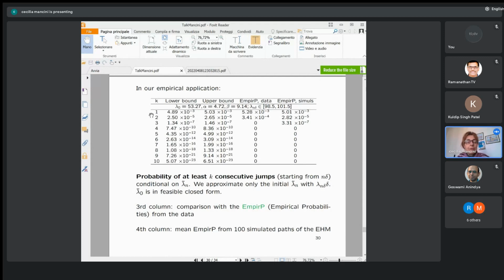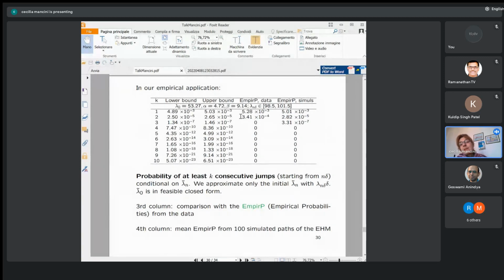So note that for k equal 1, all the probabilities are in line, same order of magnitude. For k equal 2, the bounds are in line with the empirical probability computed on simulations. This number computed from our empirical data is higher than what would be given by the model.